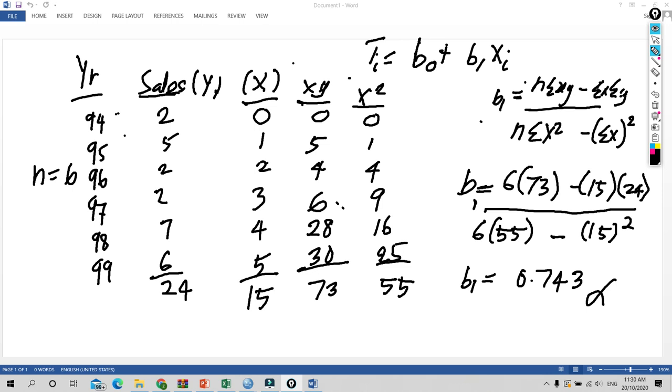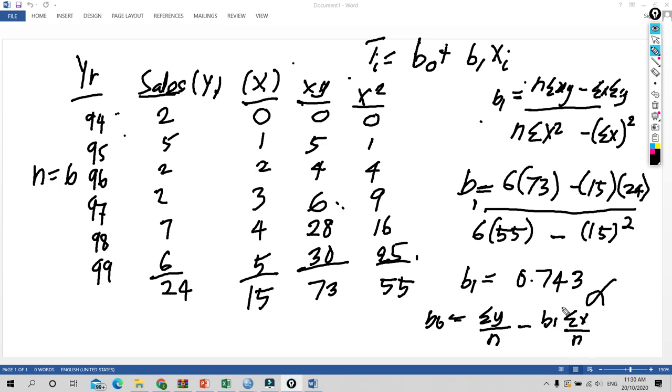Now, then we need to find b naught. B naught is equal to the summation of y divided by n minus b1 times the summation of x divided by n.